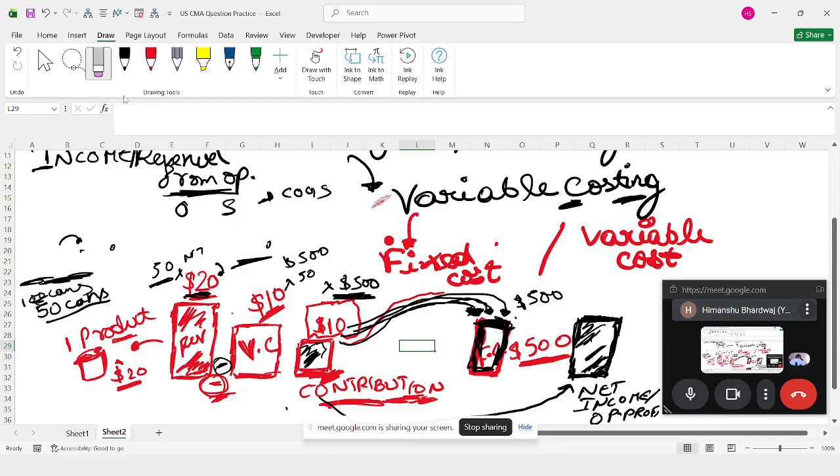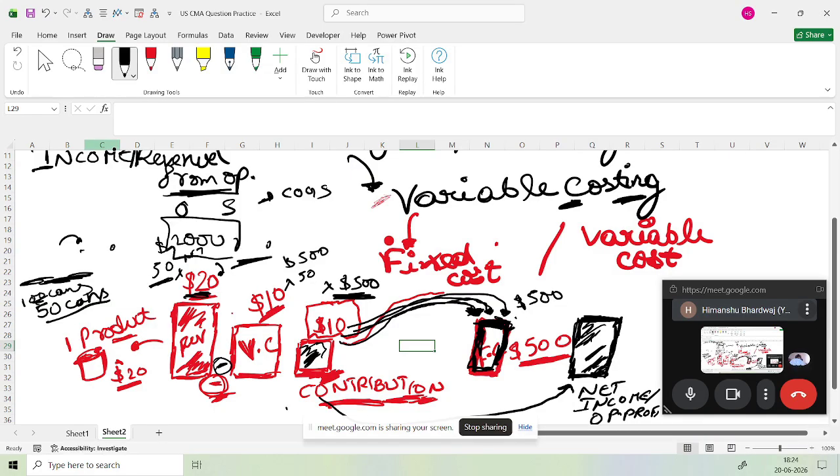Okay, I guess we are done. So I am generating $2,000 as my revenue. Now, if I multiply 100 cans with $10 of variable cost, $1,000 is my variable cost. I have to subtract revenue minus variable cost to generate this bucket amount, which is my contribution.